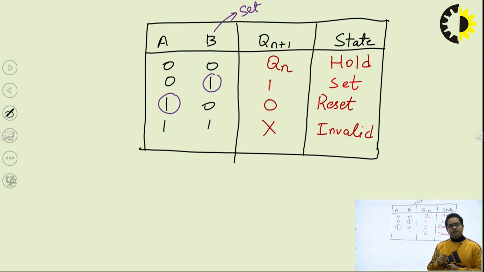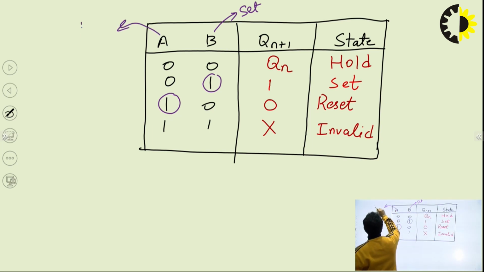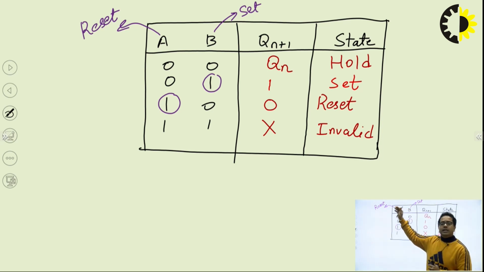So if you are giving an input to a terminal and based upon that value your latch is entering into reset state because its output is 0, that's why it will be named as reset. So from here we are coining the name reset to A and set to B.